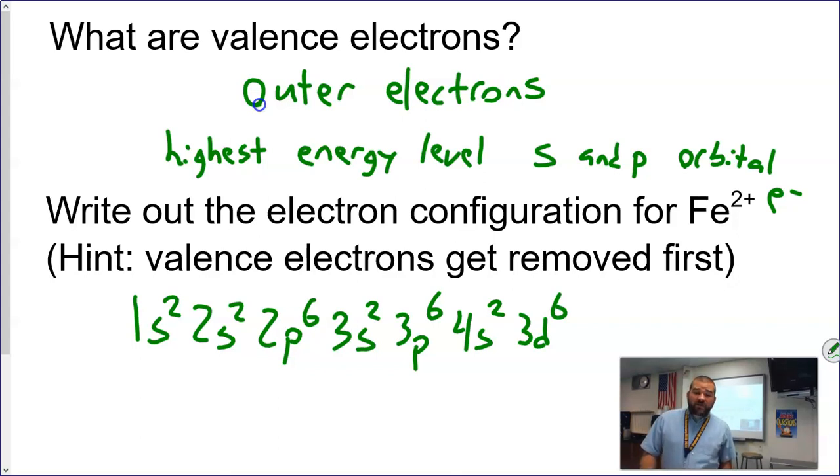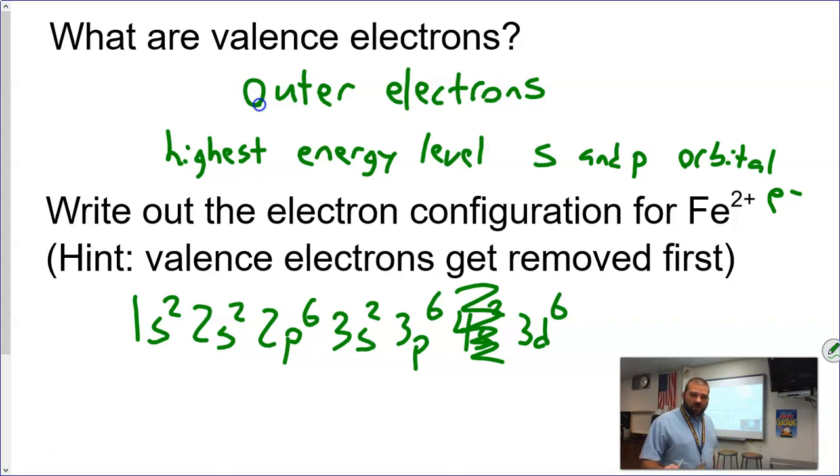So 4s2, that's the highest energy level 4. S is the orbital we can remove from, so highest energy level S and P electrons are valence. In iron 2+, these have been removed. And the appropriate electron configuration is 1s2, 2s2, 2p6, 3s2, 3p6, 3d6. Okay? The 4s electrons are valence. Those are the ones that get removed.